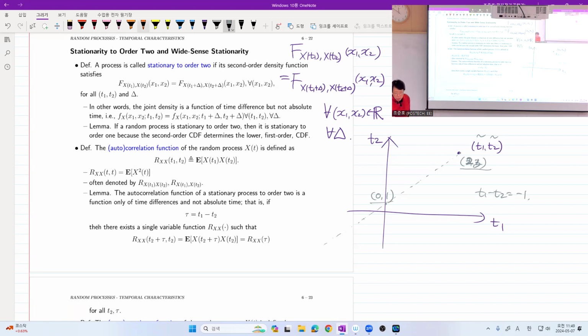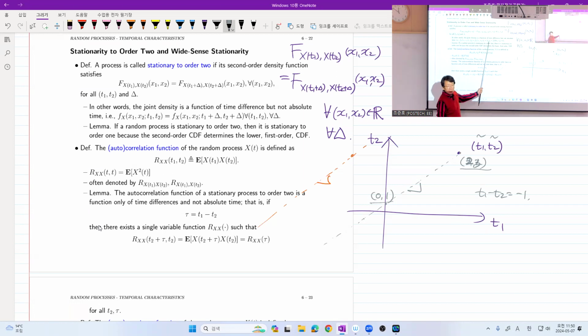What about if you choose a different point here? Now you take, if you draw a line with slope 1, all the points on this line have the commonality that the time difference, T1 minus T2, is the same. And now, in general, on this line, the second order PDF may differ.